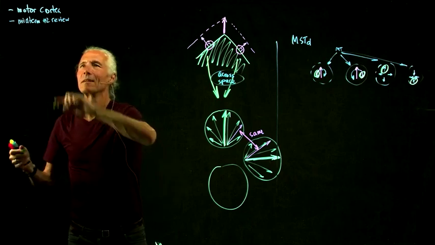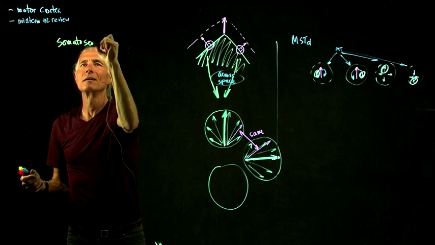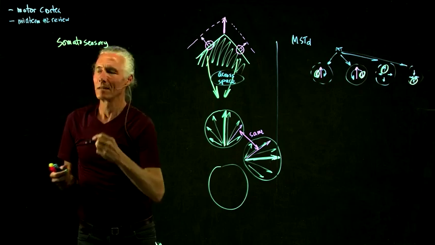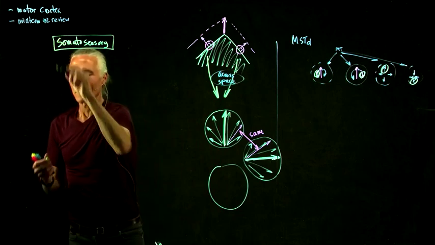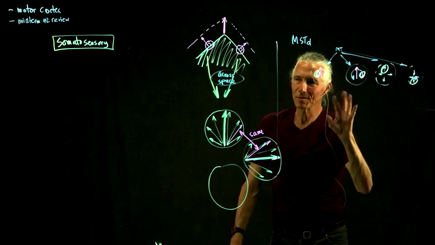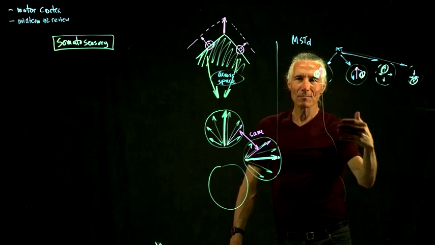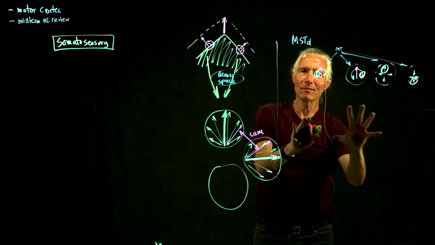Question? So going back to MSTD, you're saying that summing across space for MT is what creates MSTD, right? Yeah. MT assumes the whole world is a pattern that is moving in one direction.